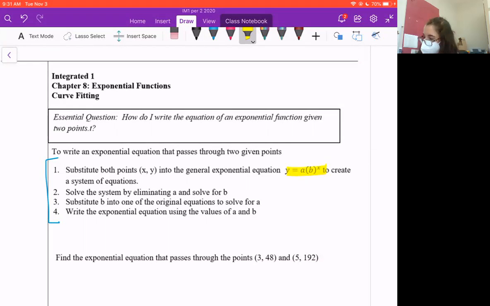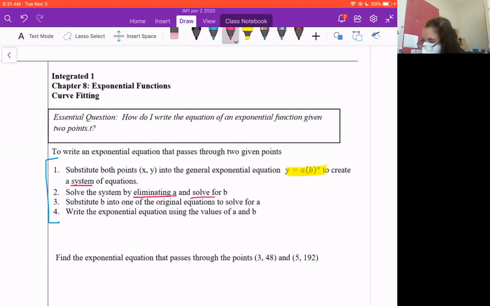That will create a system. A system means 2 or more equations. That'll create 2 equations. You now have a system. We can solve the system. Specifically, I will show you how to solve this system by eliminating A. Remember, elimination is one of the ways we solve a system.